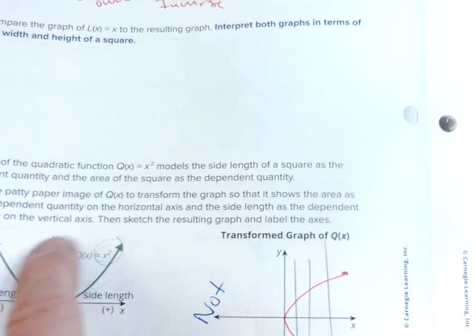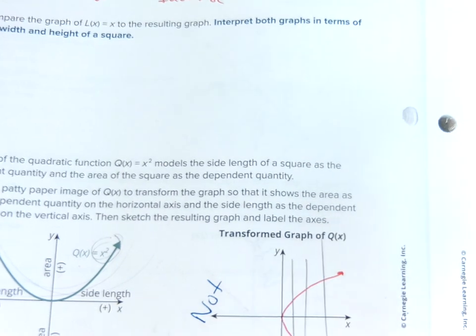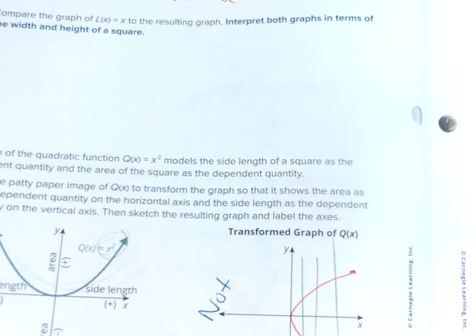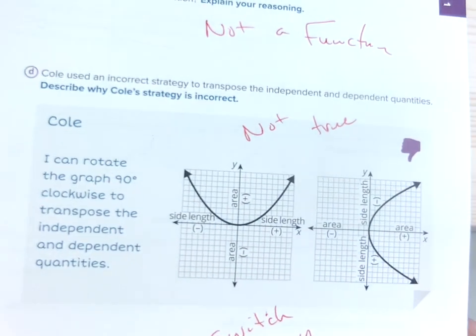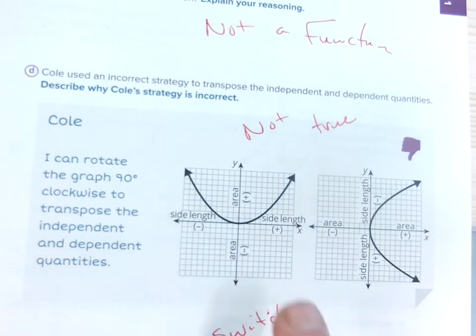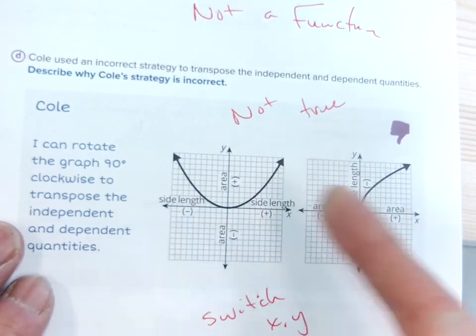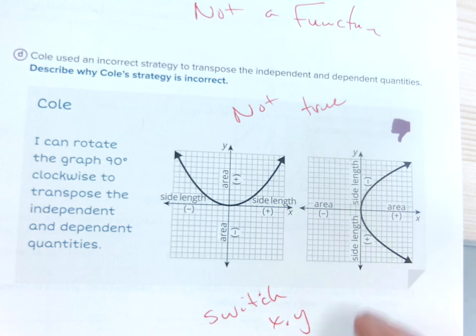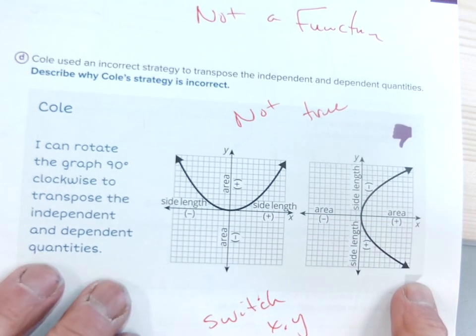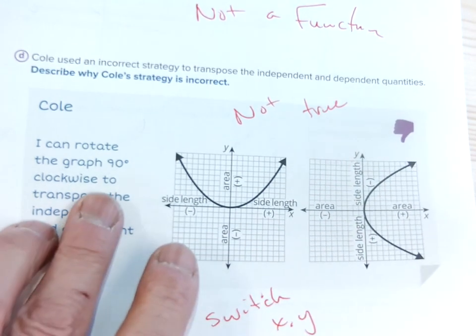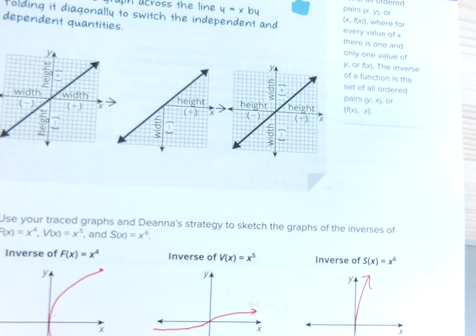So we say that this graph does not have an inverse because the inverse graph is not a function. So again, on this one, if you switch the x and y's, this one's not a function, okay? So this is not true. You can't rotate it 90 degrees. It's not a function, okay?